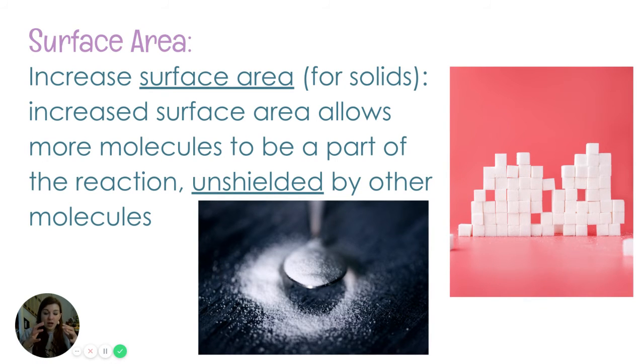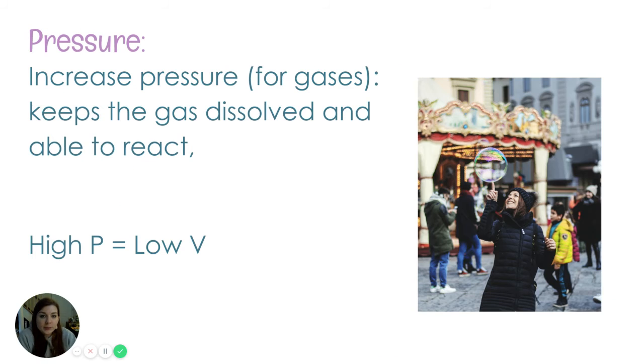If we have stuff in a big lump, only the outside is able to react. And the inside molecules or atoms, they are kind of shielded by everything else. So they would describe this as being ground up, powdered, granulated, smashed, something to that effect, versus a lump, a bar, or a sheet for a small surface area, like a sugar cube.